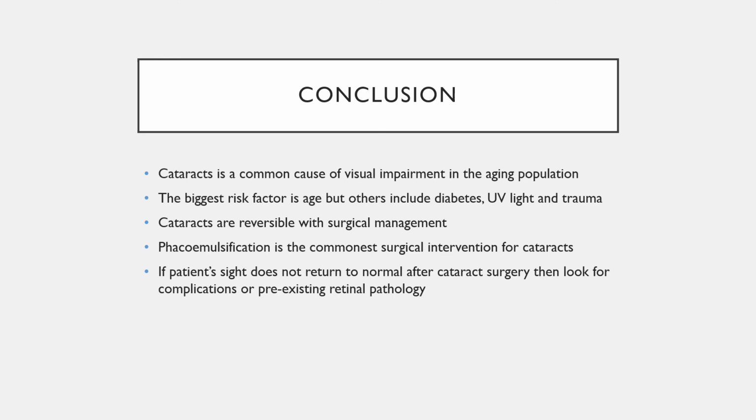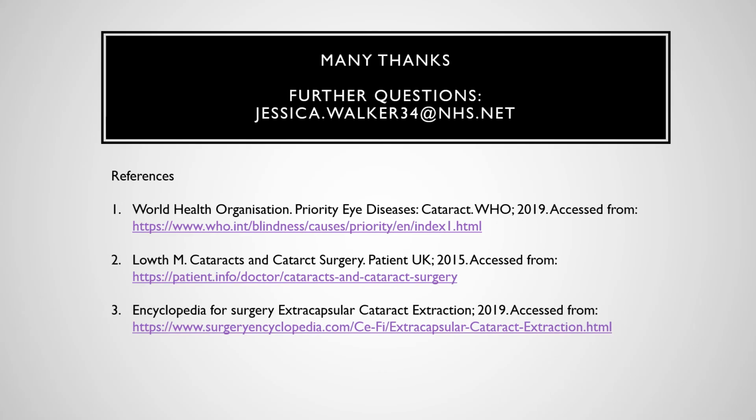When a cataract's in place and it's mature, the ophthalmologist can't see to the back of the eye because they can't see through the lens. So they might remove the lens and find out actually this person's got really bad diabetic retinopathy at the back of the eye, and then we'll need to start treating and managing for that. So this is the summary of cataracts, their clinical features and their management.